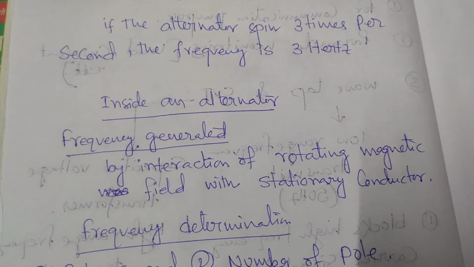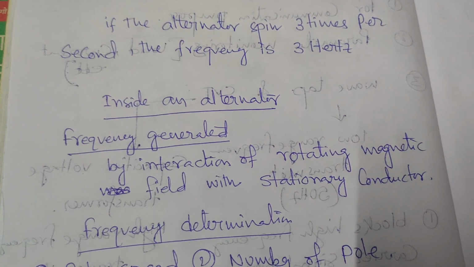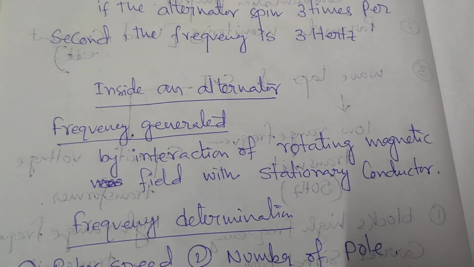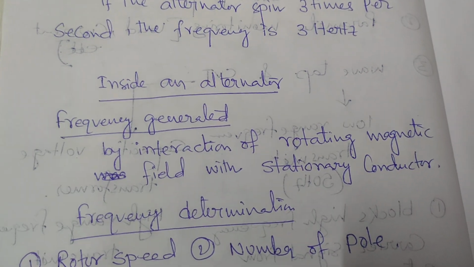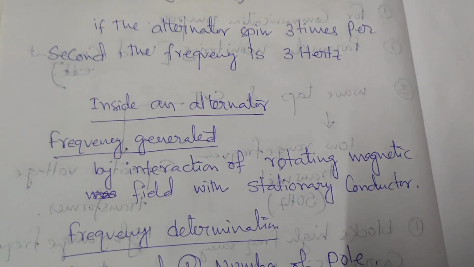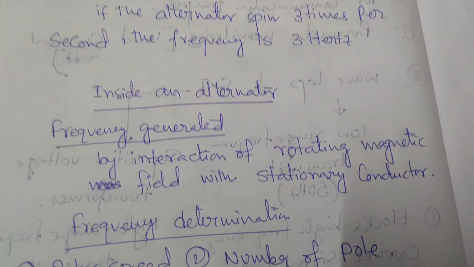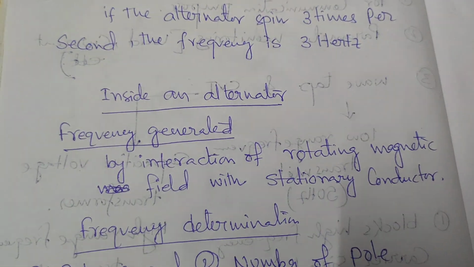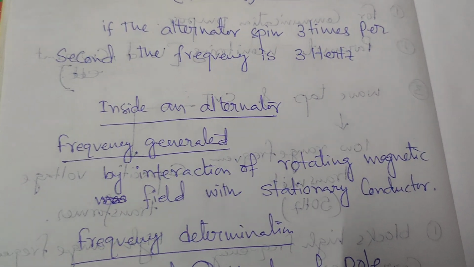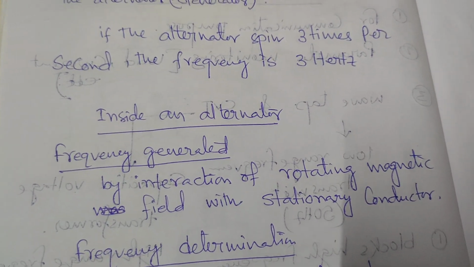Inside the alternator, the frequency is generated by the interaction of the rotating magnetic field with the stationary conductor. So between the stationary conductor and the rotating magnetic field of the rotor, the frequency is generated.